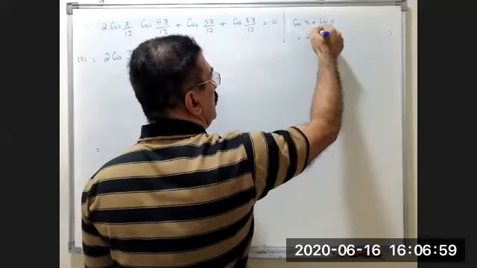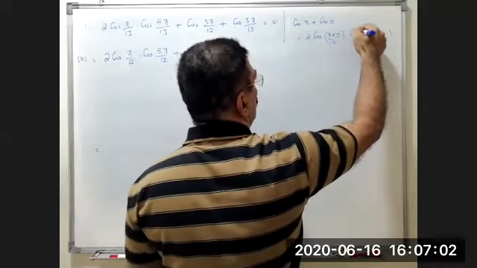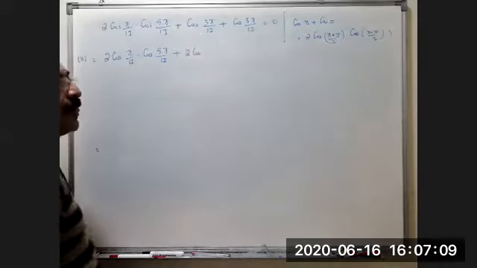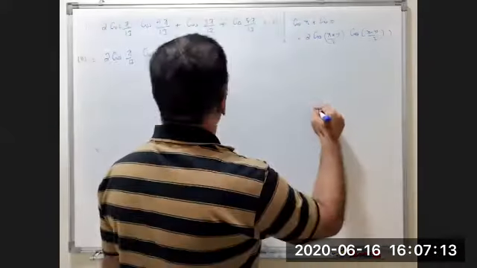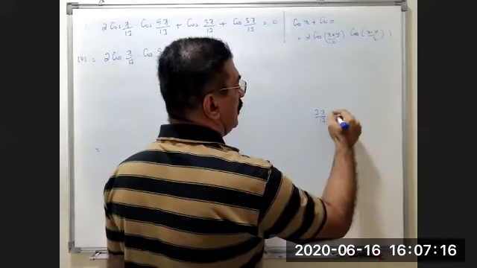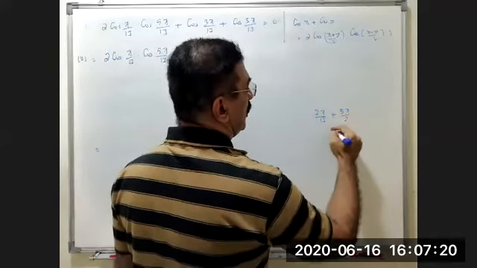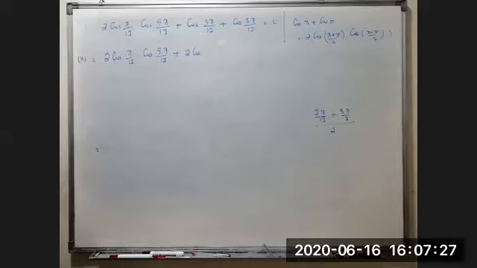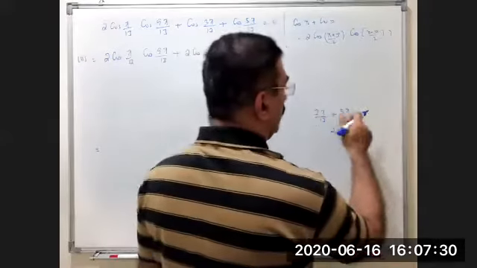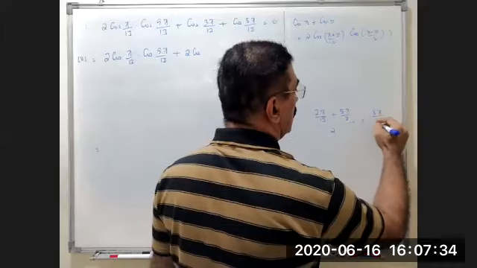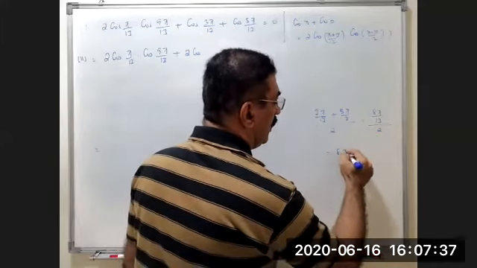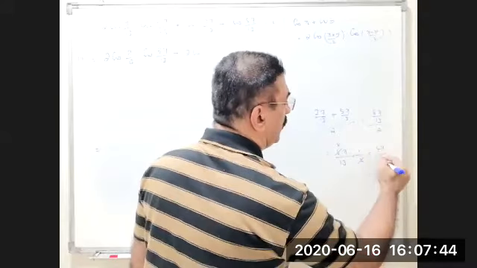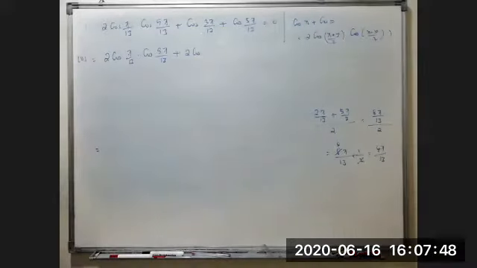What is 3 pi by 30 plus 5 pi by 30, divided by 2? 8 pi by 30 into 1 by 2, which is 4 pi by 30.